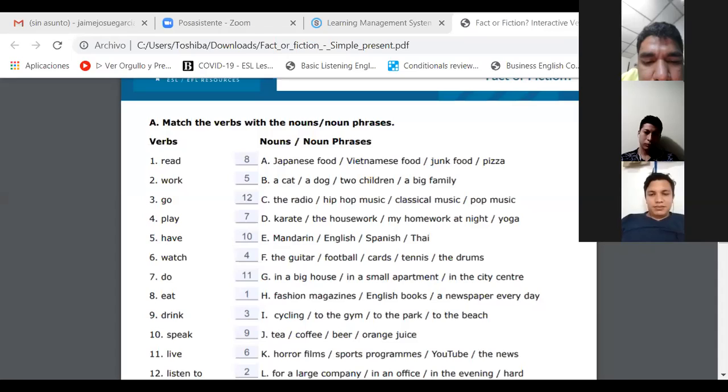What do you think? Letter 3. 1, 2, or 3? 3.